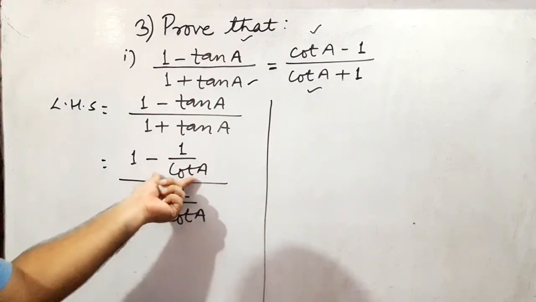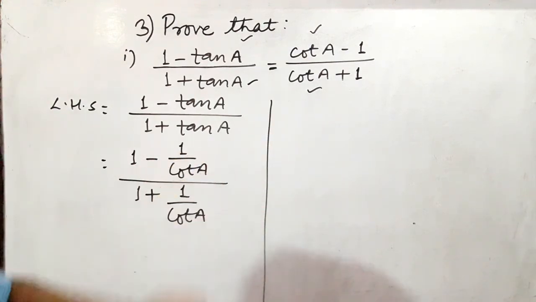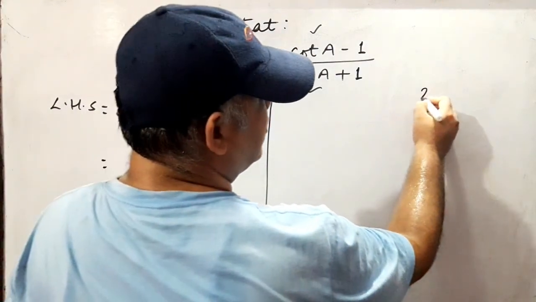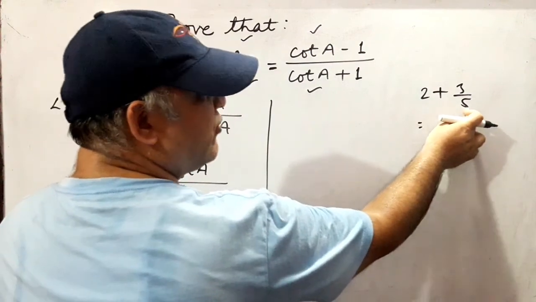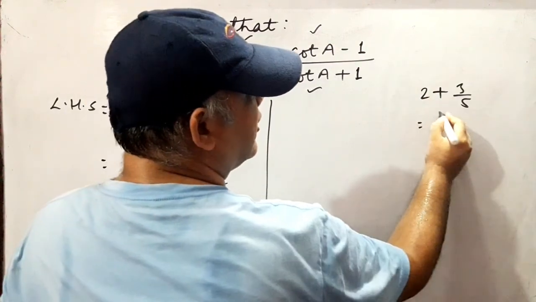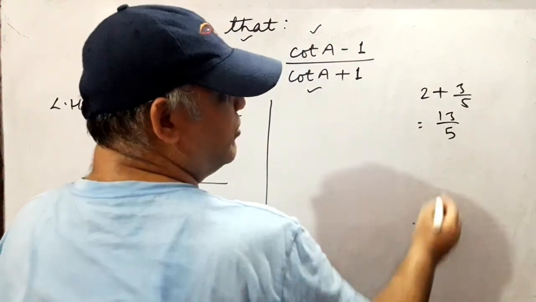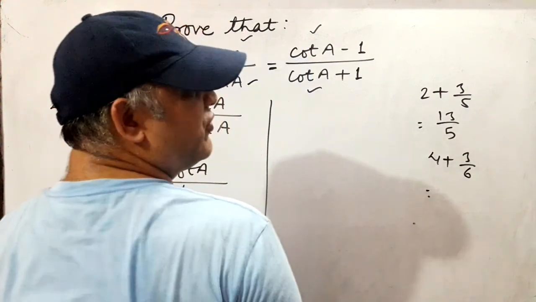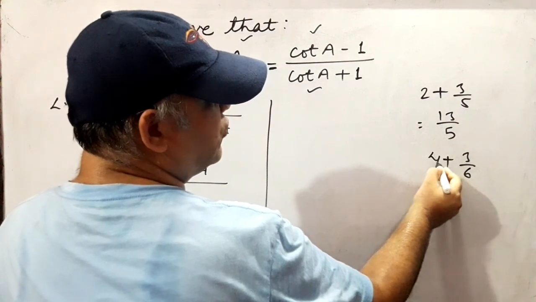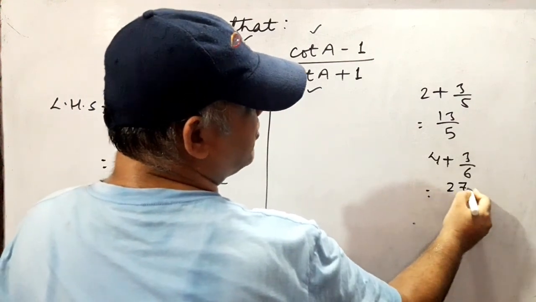Now how to simplify this? 1 minus 1 by cot a. Let's say we have 2 plus 3 by 5. It can be simplified as 5 2s are 10 plus 3, 13 by 5. Similarly, 4 plus 3 by 6 can be simplified as 6 4s are 24 plus 3, 27 by 6.